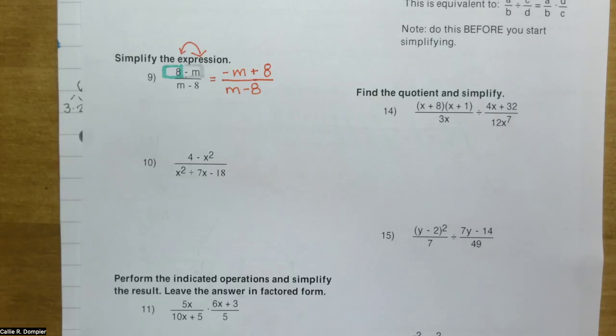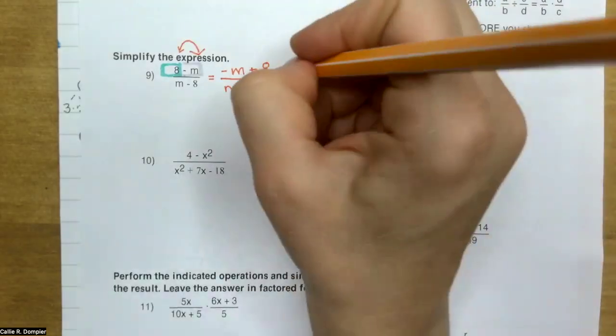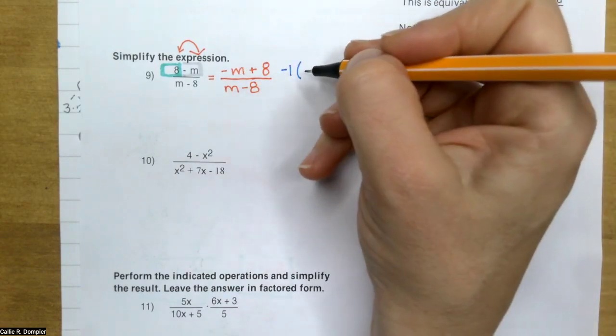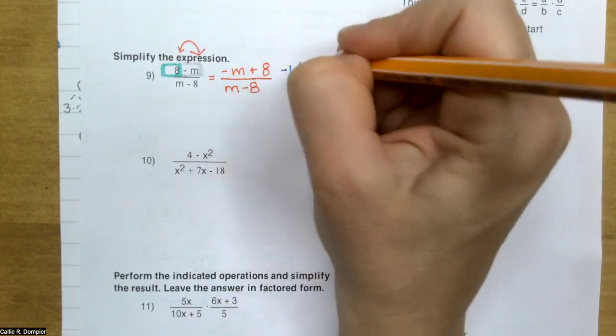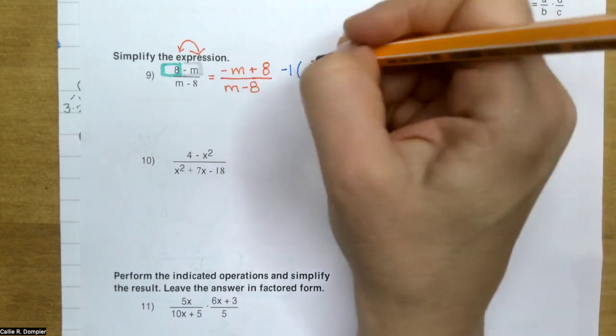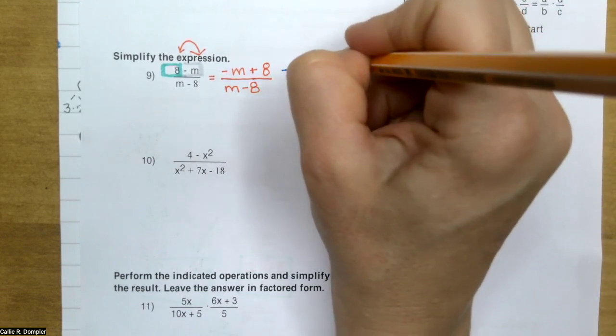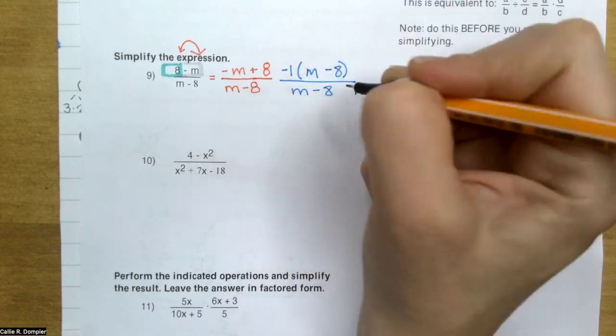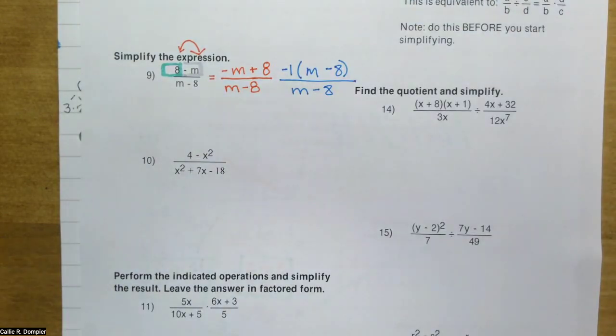That means I'm going to take this and I'm going to factor out a negative 1. Negative m divided by negative 1 is a positive m. Positive 8 divided by negative 1 is a negative 8. Right?